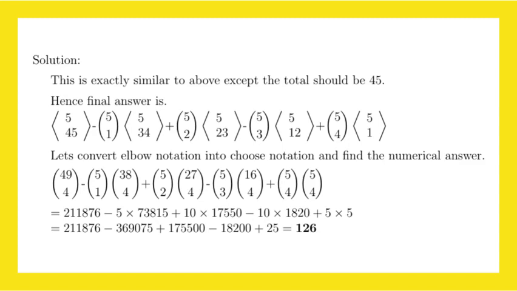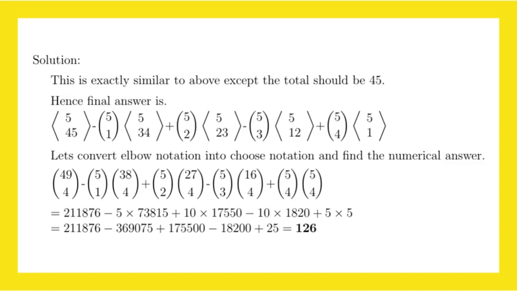Therefore we start our calculations. Include all, so 5 elbow 45, then exclude because of each subject: 5 choose 1, 5 elbow 34, since we are supposed to subtract 11 from 45. Plus 2 at a time, 5 choose 2, 5 elbow 23, minus 5 choose 3, 5 elbow 12, plus 5 choose 4, 5 elbow 1, correct.